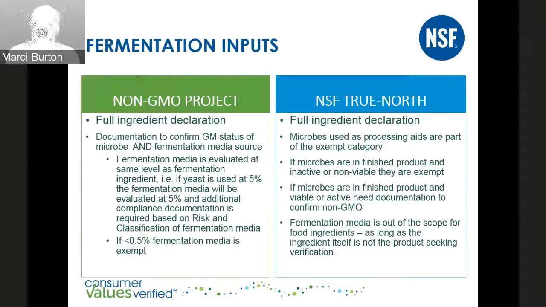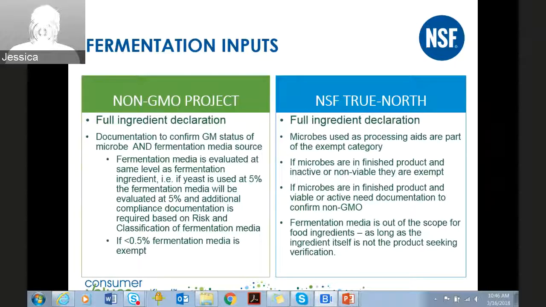But if the fermentation media was a sugar beet molasses, then we need to get information that shows that either the sugar beets have been tested or the sugar beets are from a country that does not allow cultivation of GM sugar beets. And the yeast strain would need to be non-GMO. If the yeast is less than 0.5%, the fermentation media would be exempt. And if you're using a Non-GMO Project verified yeast, then all you need to do is provide the specification sheet and provide the non-GMO certificate of compliance.